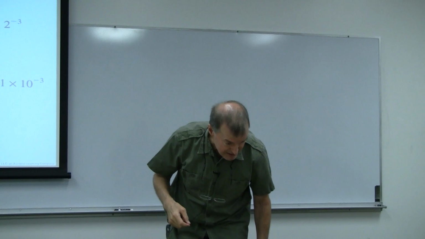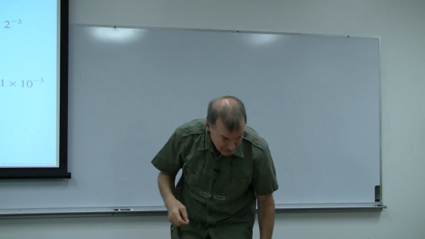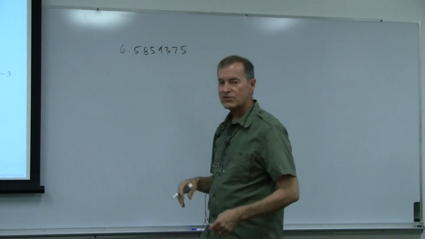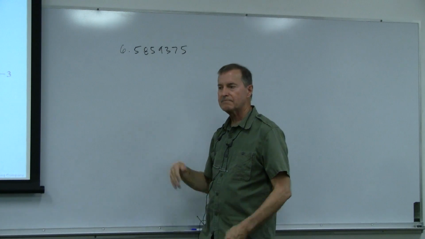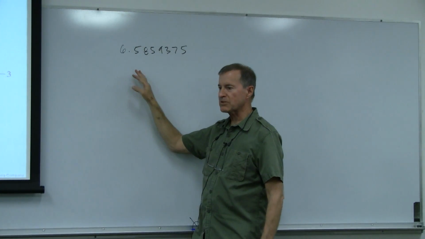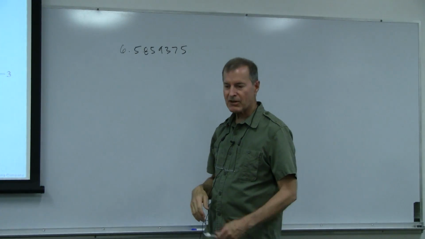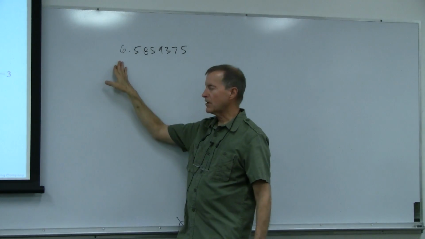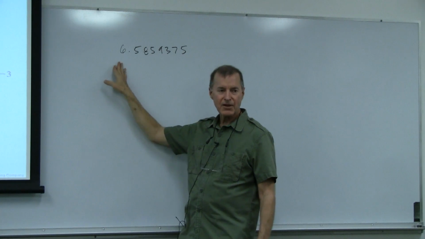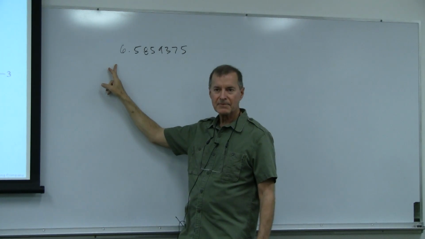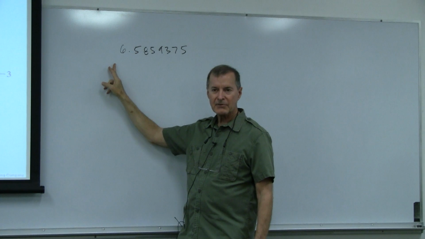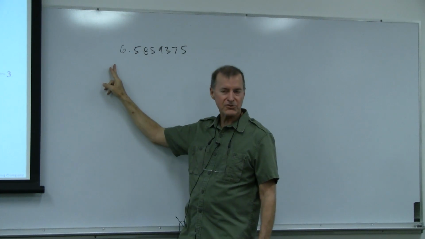So let's do 6.5859375. As an example for going from decimal to binary, let's try to convert this. All right? So here's how it works. First of all, we do this in 2 parts. We know how the integer part works, right?